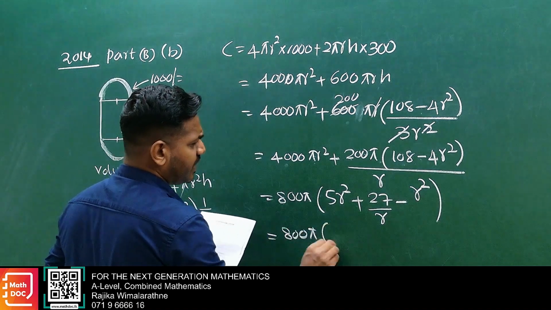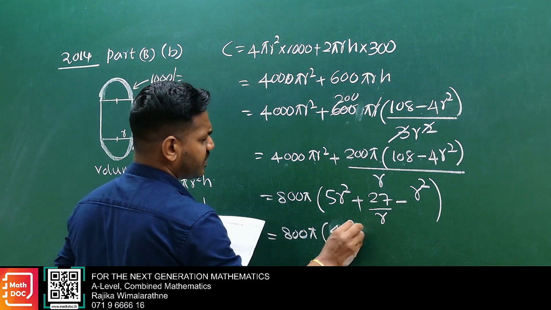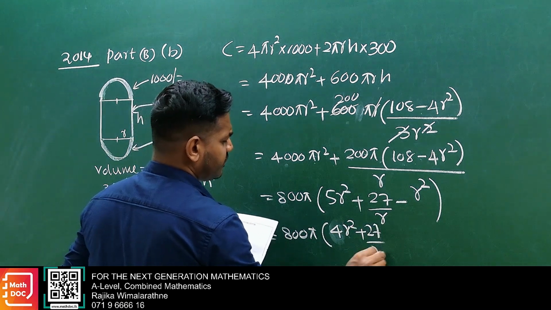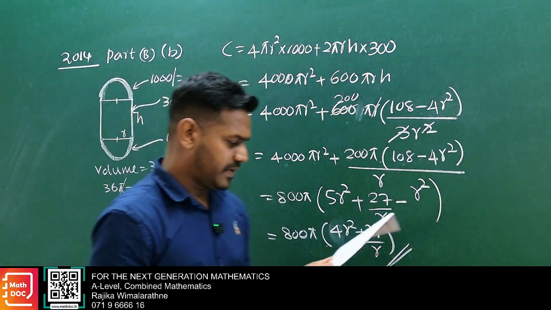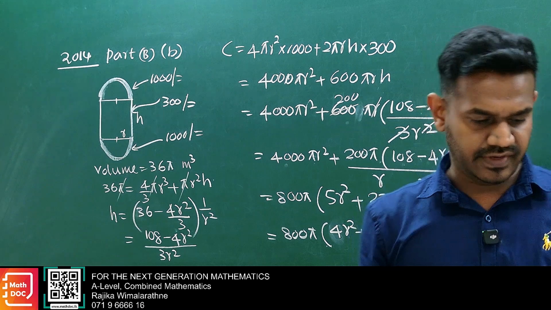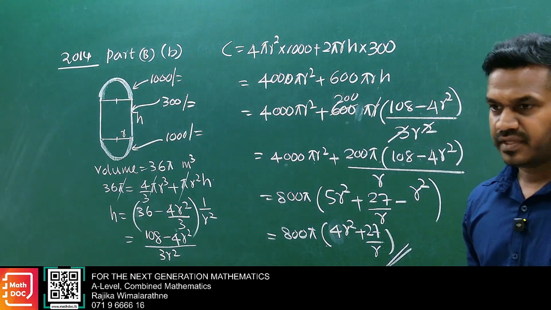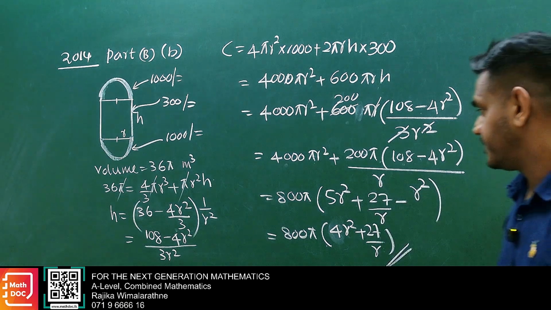Now this is 800 pi times (4r squared plus 27 over r). Here the r value is given between 0 and 3. Find the value of r such that C is minimum.